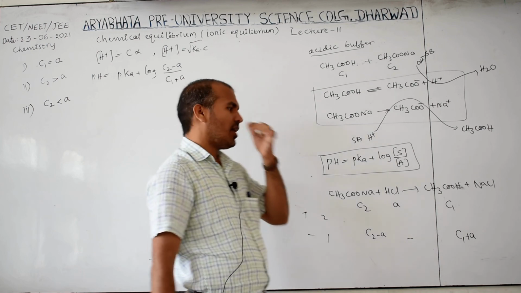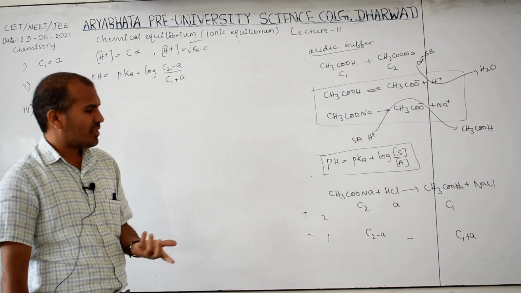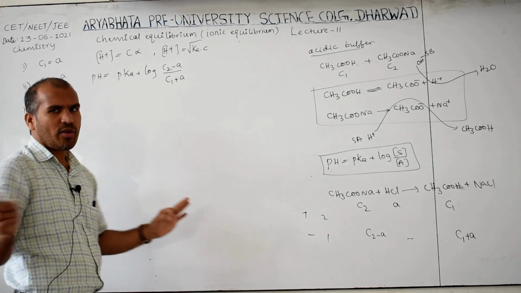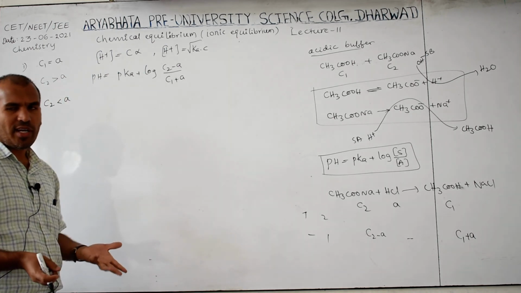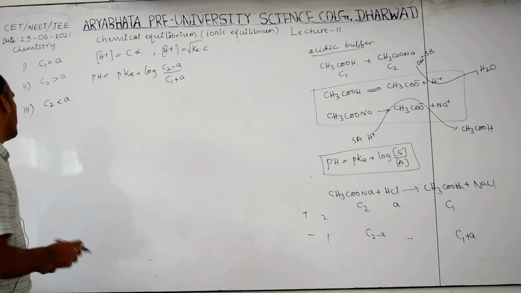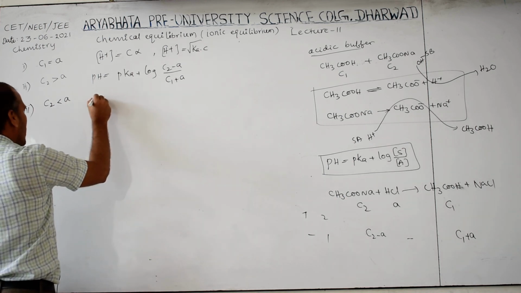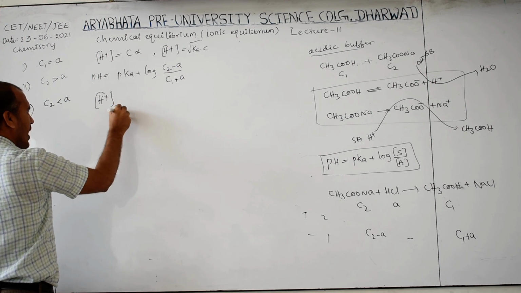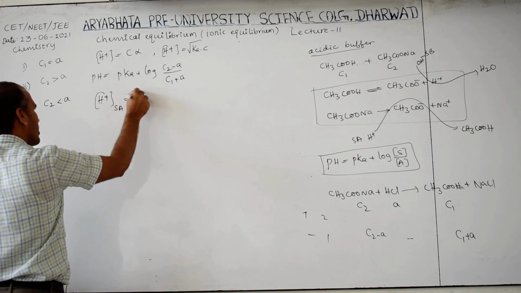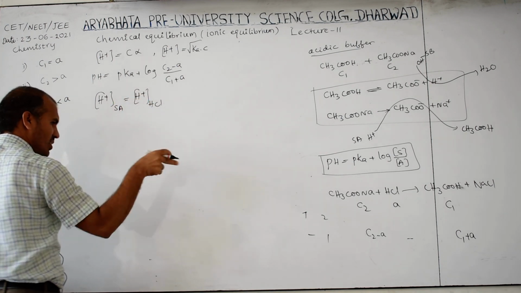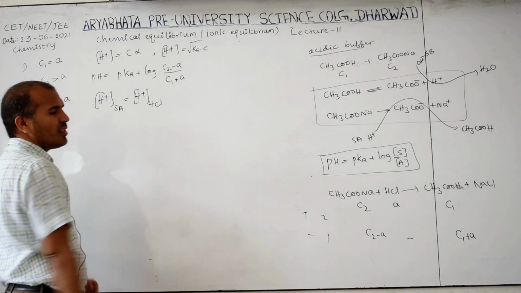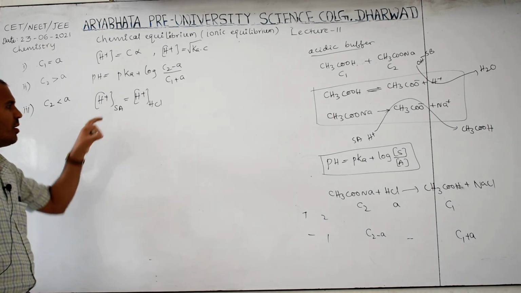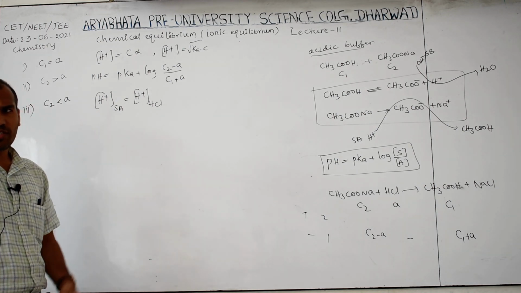But you should know whether the H plus ion comes from the weak acid or strong acid. Strong acid, because strong acid is completely ionized, weak acid is incompletely ionized, less than 5% only ionized. Therefore, in such a case, H plus ion concentration is equal to that from the strong acid, that is, from HCl in this case. Then directly we can calculate the pH. If you know the H plus ion concentration, directly put it in the pH formula, that is negative logarithm of H plus ion concentration.